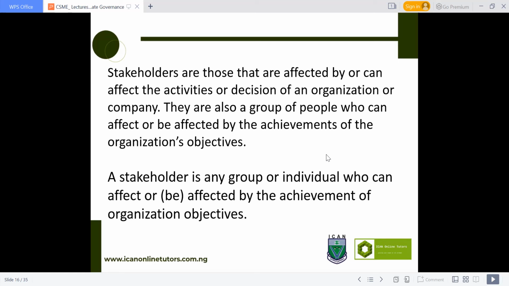So if the company takes any action, and it is going to affect you, then you are a stakeholder. If I, as online tutors, make any decision or take any action that affects you, that means you are a stakeholder.